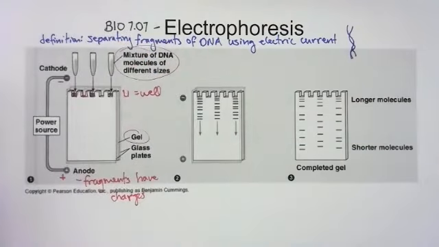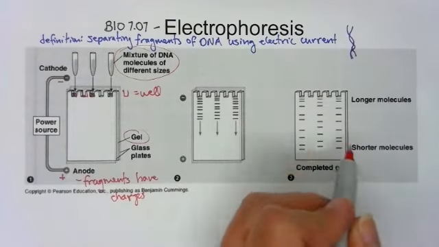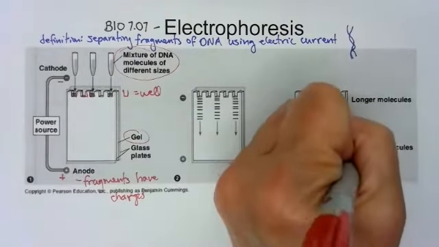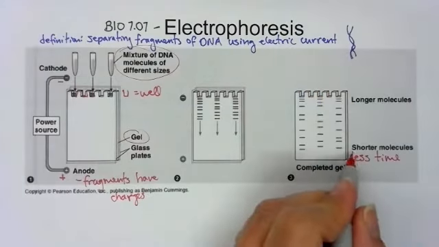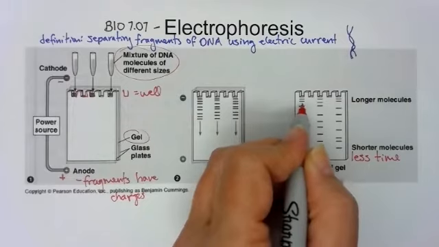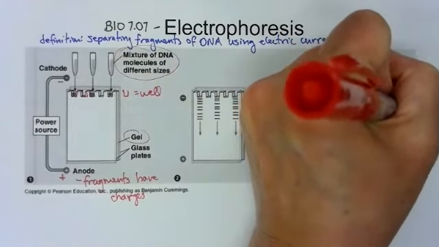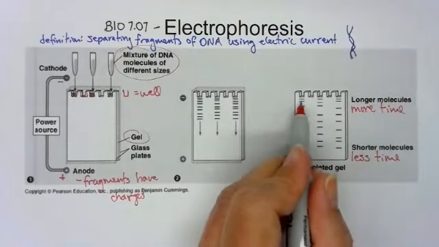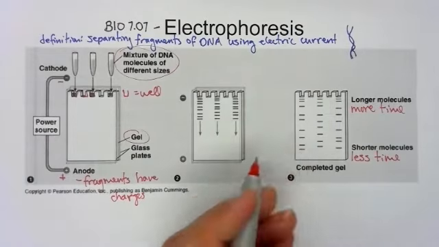It doesn't look too different yet. But as we apply our current and the fragments get to the other side of the gel, what we see is that it takes less time for the shorter molecules to move, and the longer molecules take more time. So at the end, the longer fragments are still back towards the beginning, and the shorter fragments have zipped through this gel.